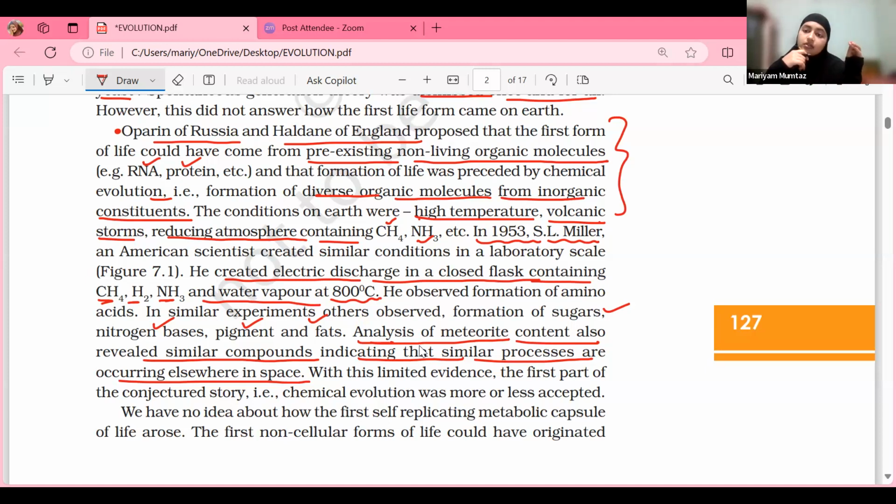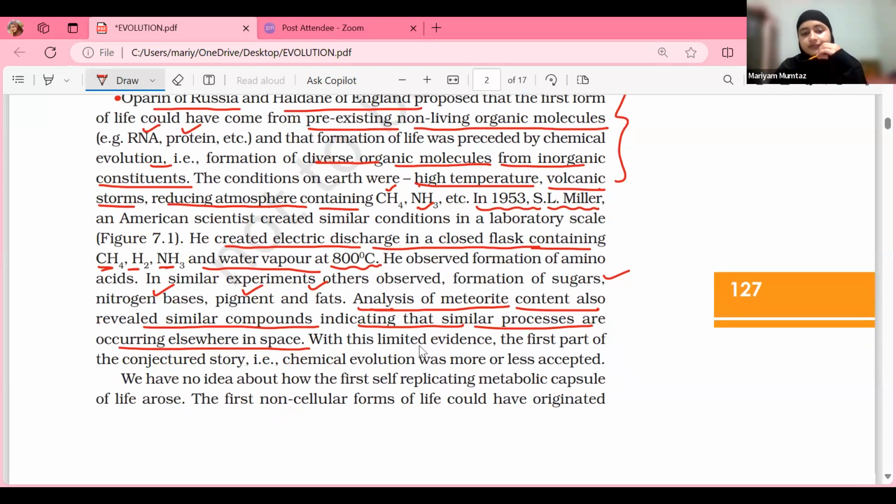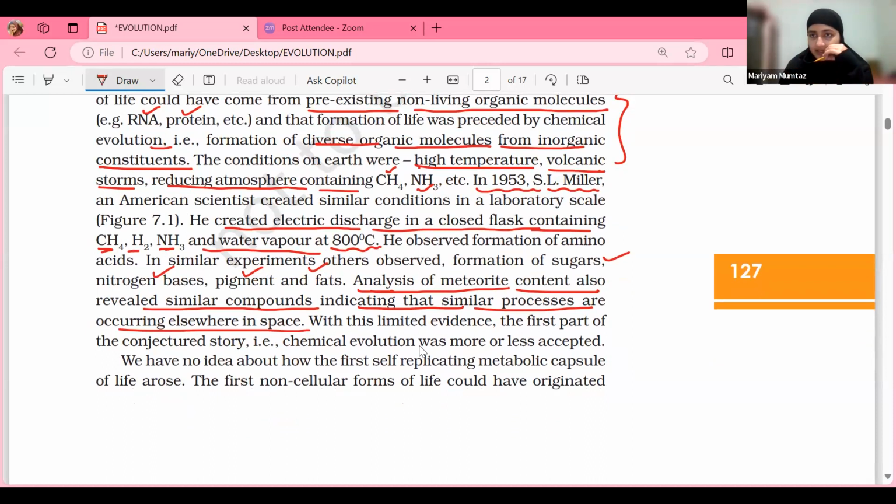Now, if you look at the chapter Biomolecules in class 11, you'd find the mention of all of these things because these are the ones that make up the whole human body. With this, the chemical evolution theory was accepted. Like, whatever you're saying, it is valid.